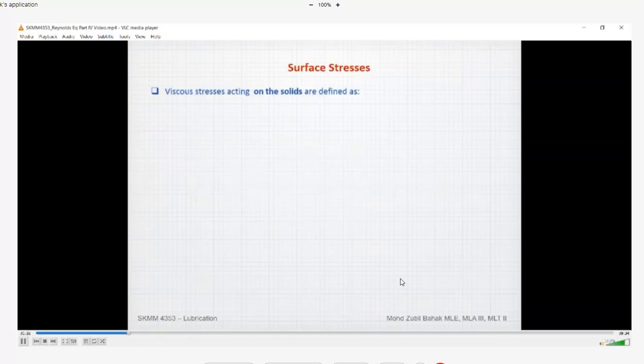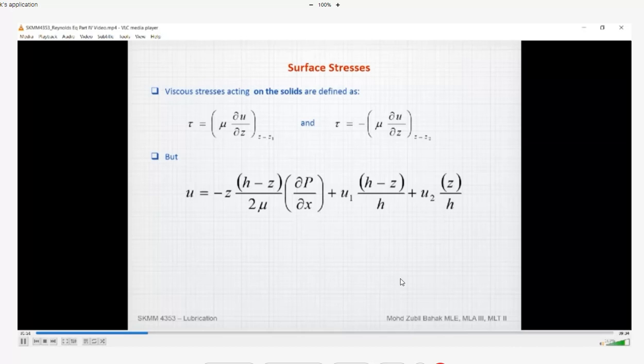When we talk about surface stresses, the viscous stress acting on the solid is defined as tau at z equal to z1, and tau equal to minus mu partial u partial z when z equal to z2 on the top surface.